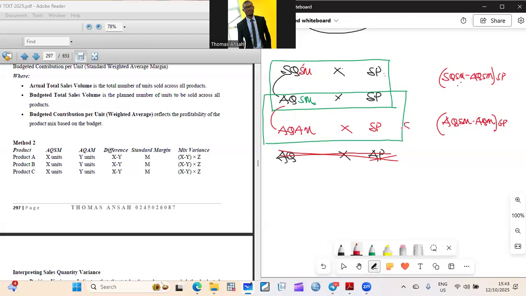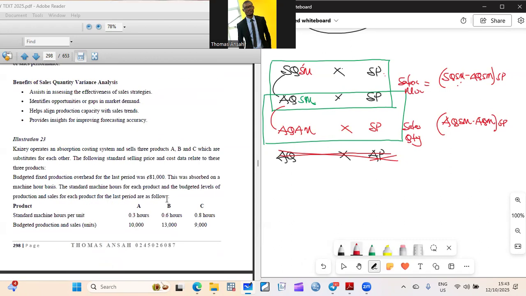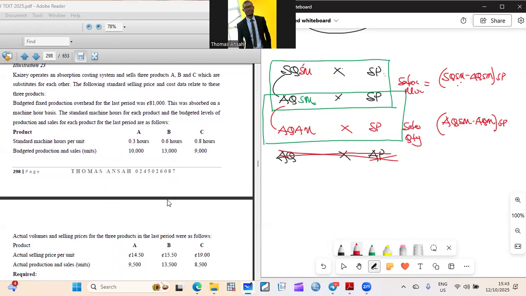Sales quantity, right? And this side is for the sales mix. So now that you've been able to develop your formula, all you need to do is to solve a question. So can you try illustration 23?